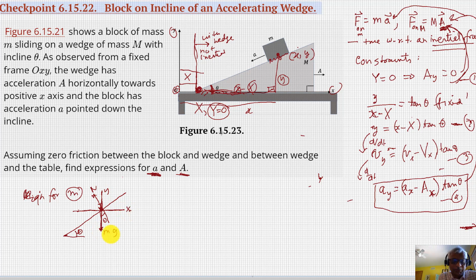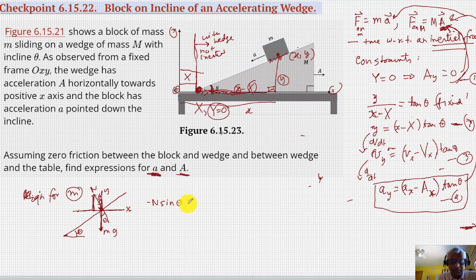So what do we get? For x, I get N. This is the same theta over there, because this theta is the same as that. So this is minus N sine theta. That's all along the x-axis.